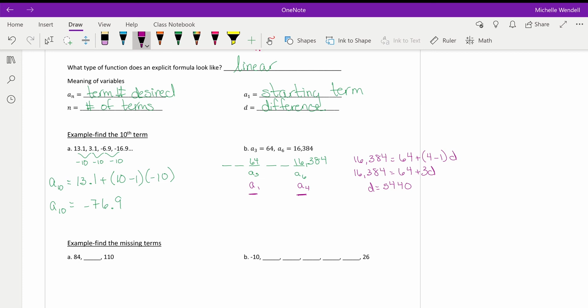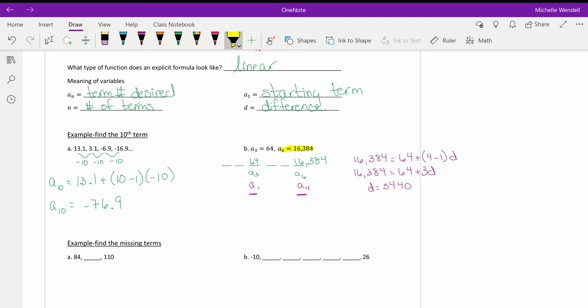Well, in the original sequence, before I re-indexed it, the sixth term was 16,384. So if I want, I could just keep adding a bunch of numbers, figure it out. Or I could plug it in the formula again. Well, if we go back to the formula, I need to know what a sub 1 is in the original.